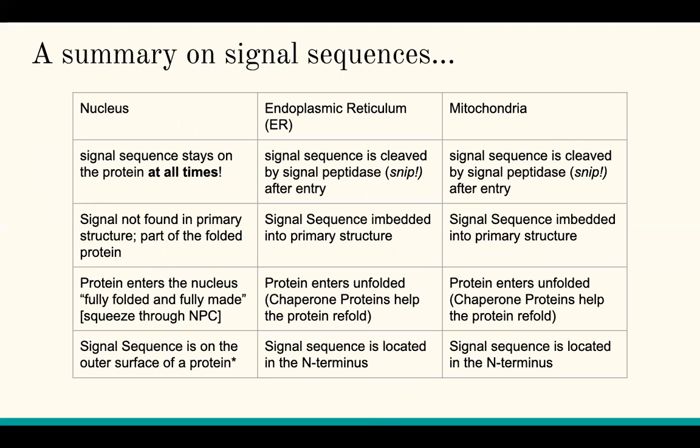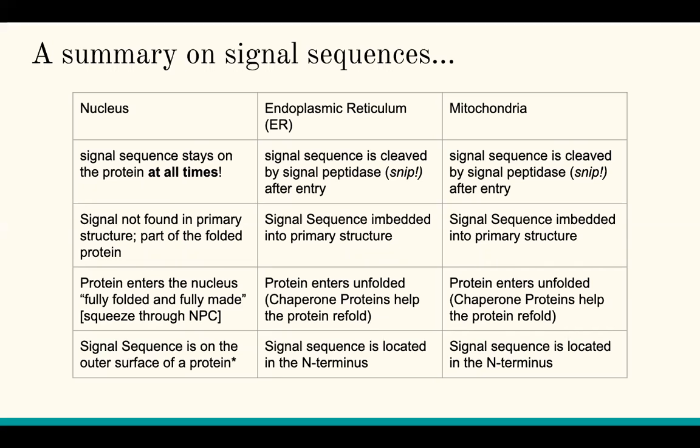You'll notice some similarities and differences here. For your ER and your mitochondria, the signal sequence is cleaved as soon as the protein enters that specific organelle. For the nucleus, the NLS sequence stays on the protein at all times, and when the protein enters the nucleus, it is fully folded and fully made.